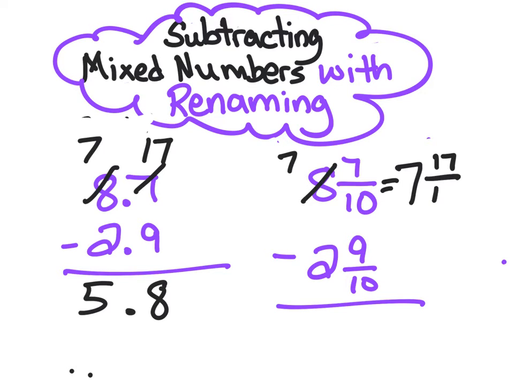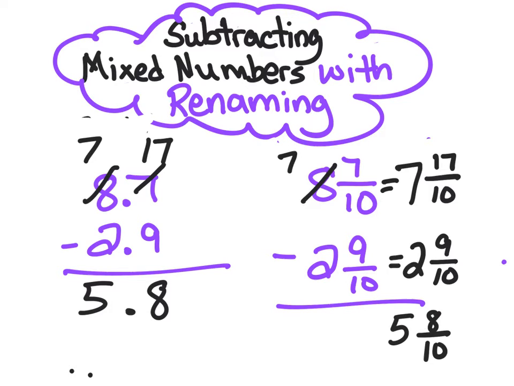Just like it did as a decimal. Now I can bring over the 2 9/10, and once again I would subtract. 17/10 minus 9/10 is 8/10. 7 minus 2 is 5. So we will notice that that says 5 8/10.